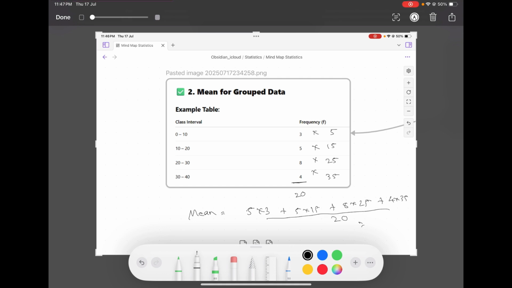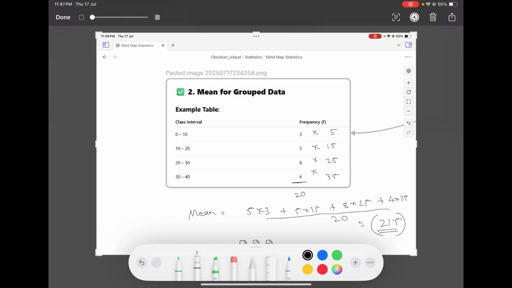If you calculate it, you will get the answer as 21.5. So this is your mean value for this data. This is how you calculate the mean value for grouped data and ungrouped data.